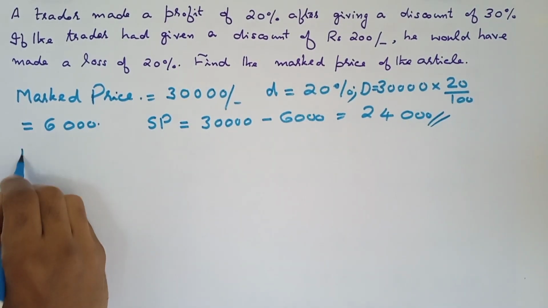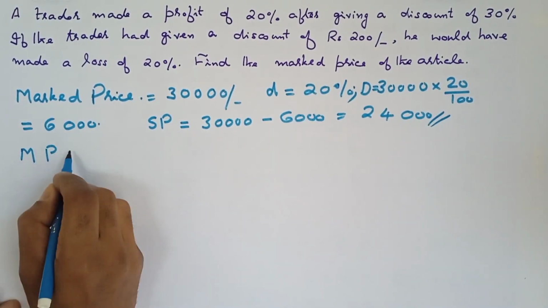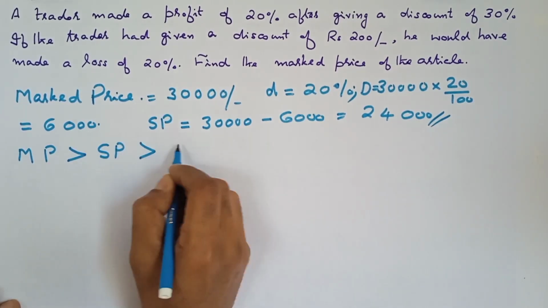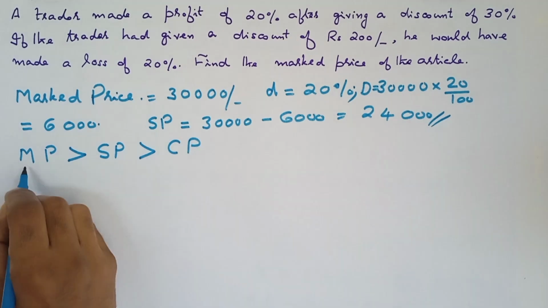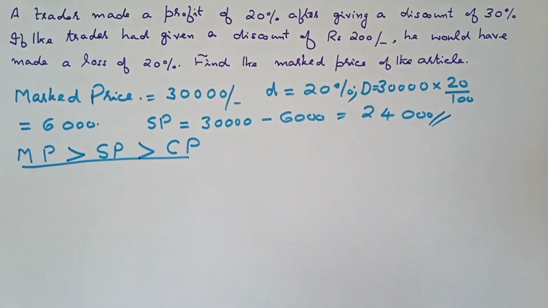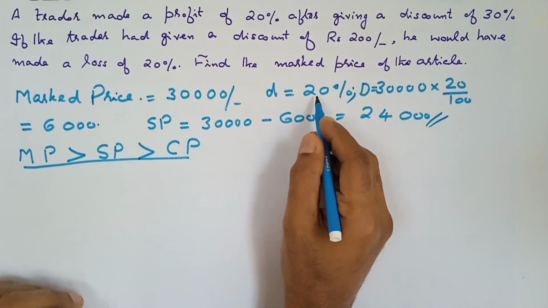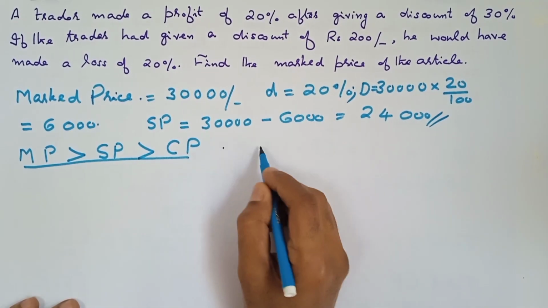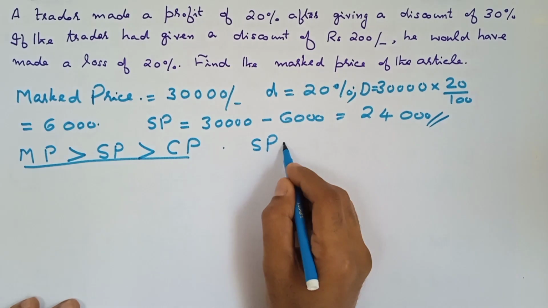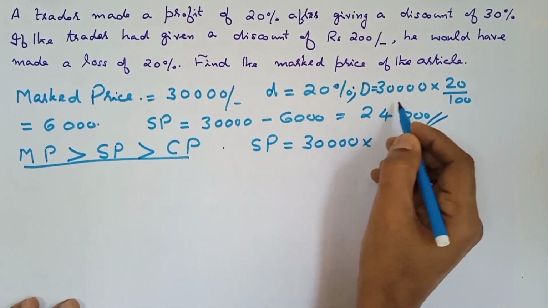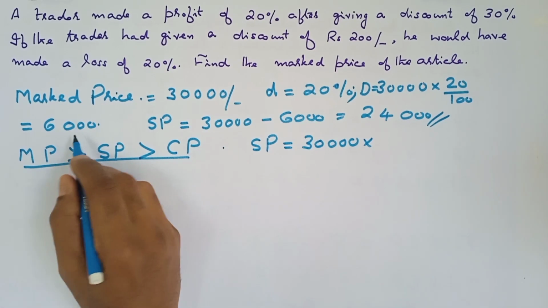So usually marked price is above selling price, and if there is profit, selling price is above cost price. This is the way it goes. Now, there is something you can observe here. If 20% is the discount, then selling price you can directly calculate without finding the actual discount 6,000.